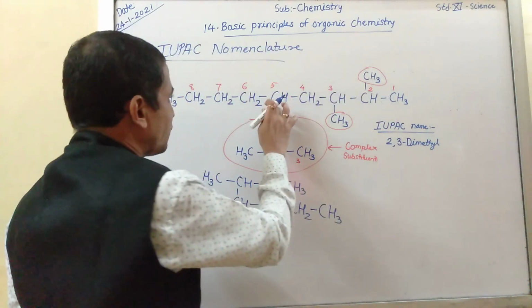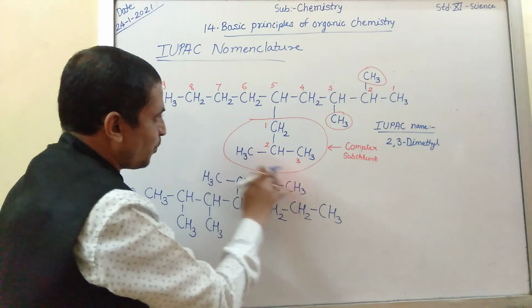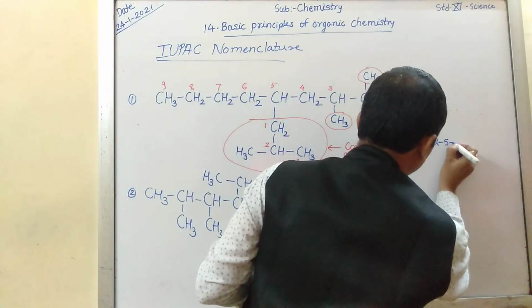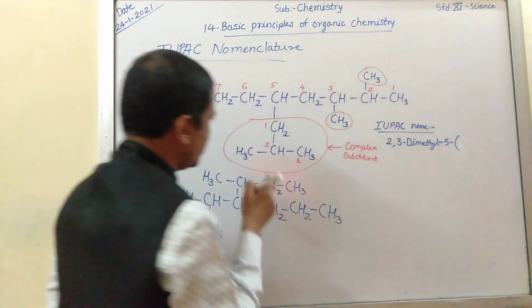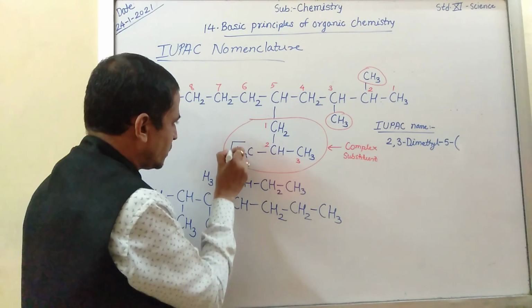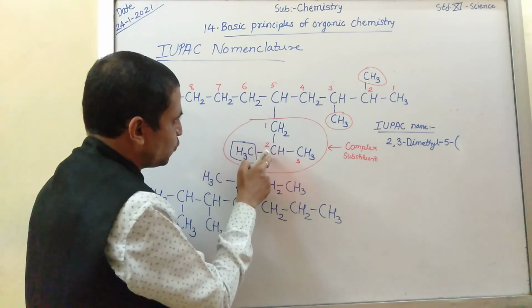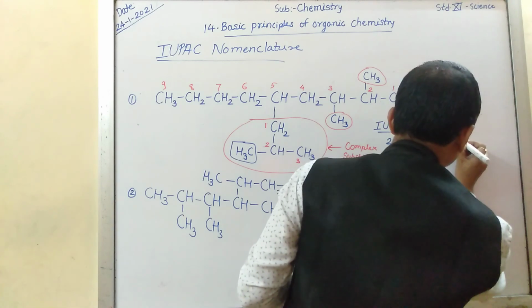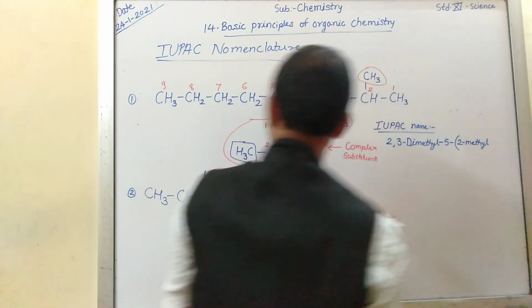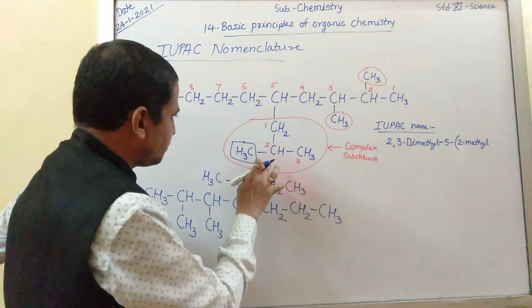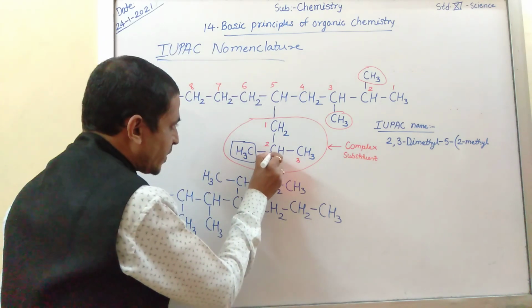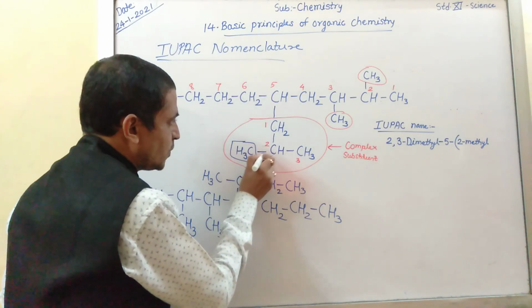See here, at the fifth carbon atom, this complex substituent is attached. So put here 5, put a bracket, and here at the second position this is the substituent. At the second carbon atom, a methyl group is attached, so you get 2 methyl.